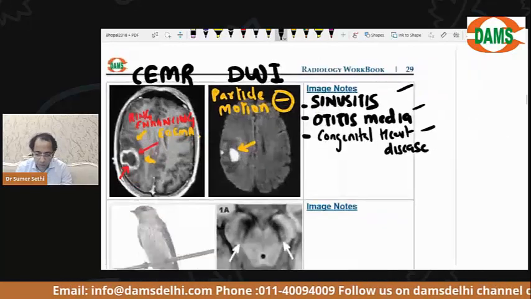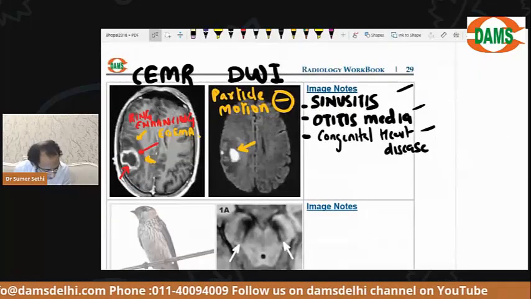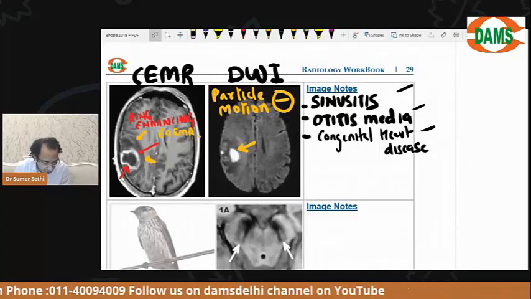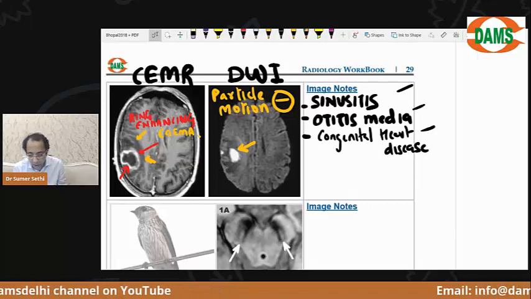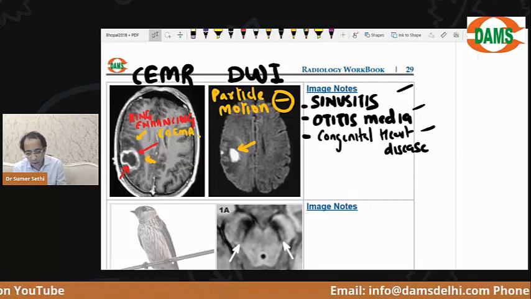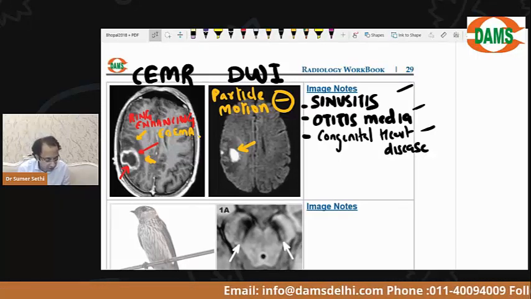Now in these people you have a focus of infection. The focus of infection is probably because of the valve, or a paradoxical embolism somewhere, or an infection in the sinus or the ear.